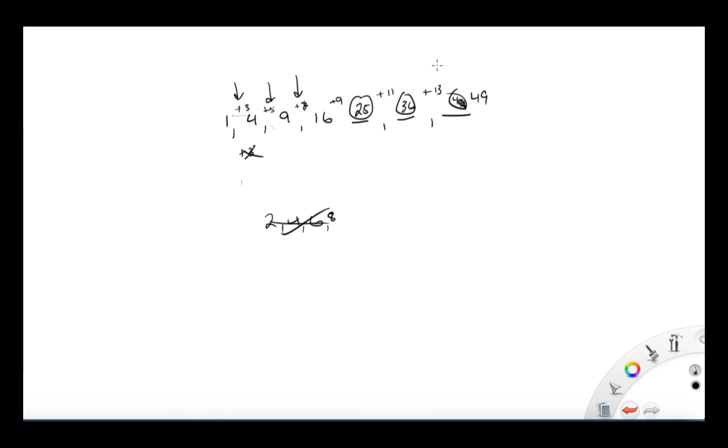So, pretty easy to find out, and we note that 25, 36, and 49 will be our answers, the next three in the sequence, okay? Any questions with that? Pretty simple, okay?